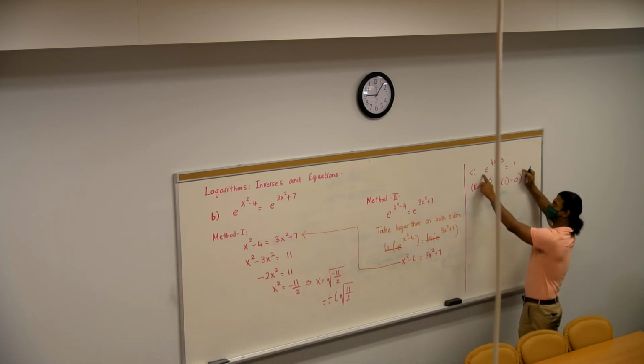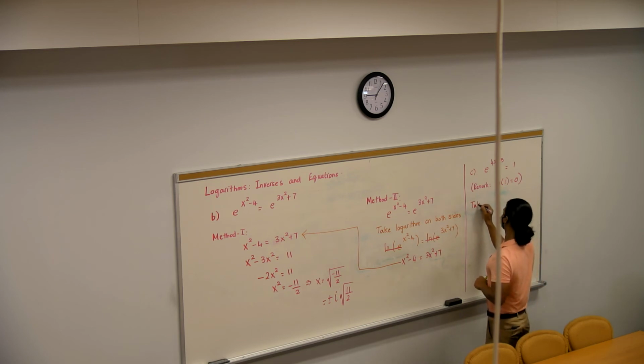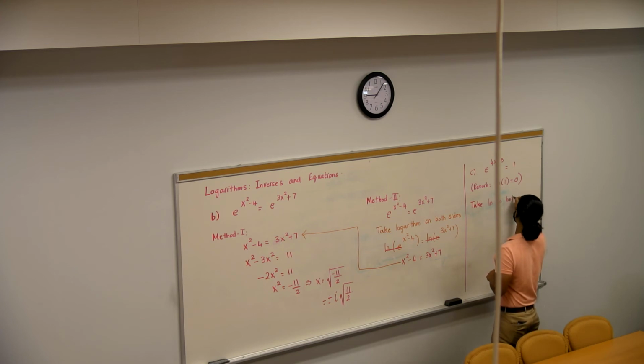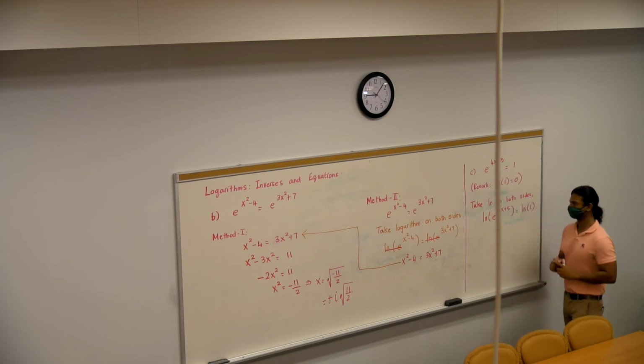So it is an exponential equation, so we take ln on both sides. So ln e raised to 4x plus 5 would equal ln of 1.